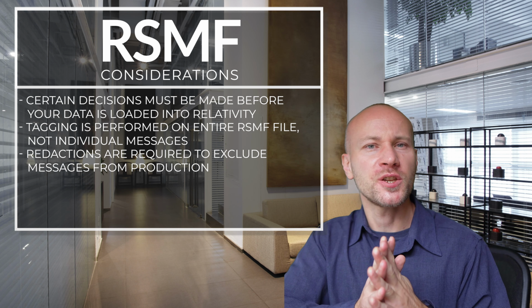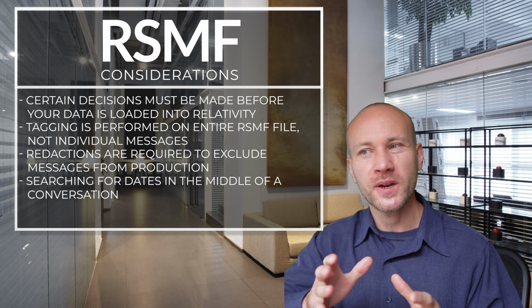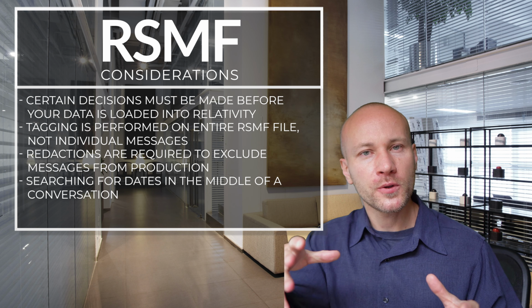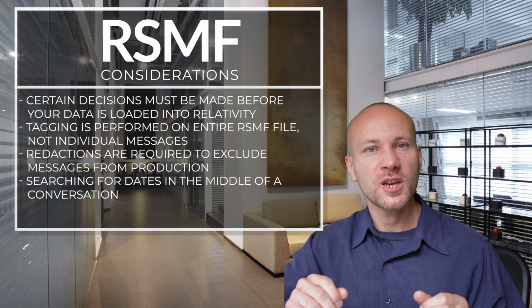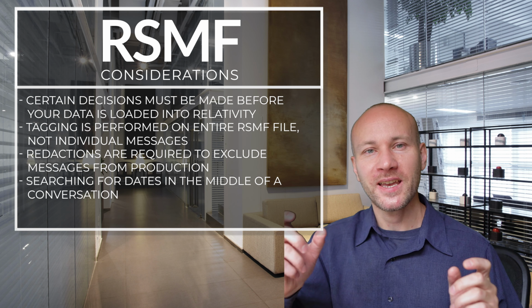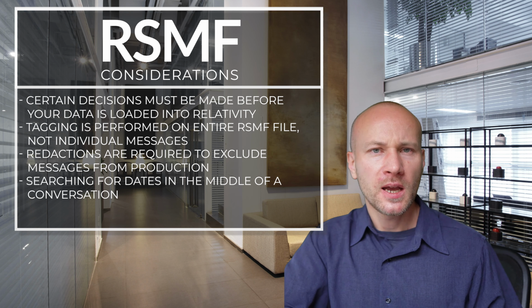Next consideration is searching for dates and times. If your RSMF documents are grouped by 24 hours, you will probably be okay. However, if you group your messages by a month or more, the dates in between those conversations will not be searchable. Only the begin date of a conversation and the end date of a conversation are captured in metadata fields.